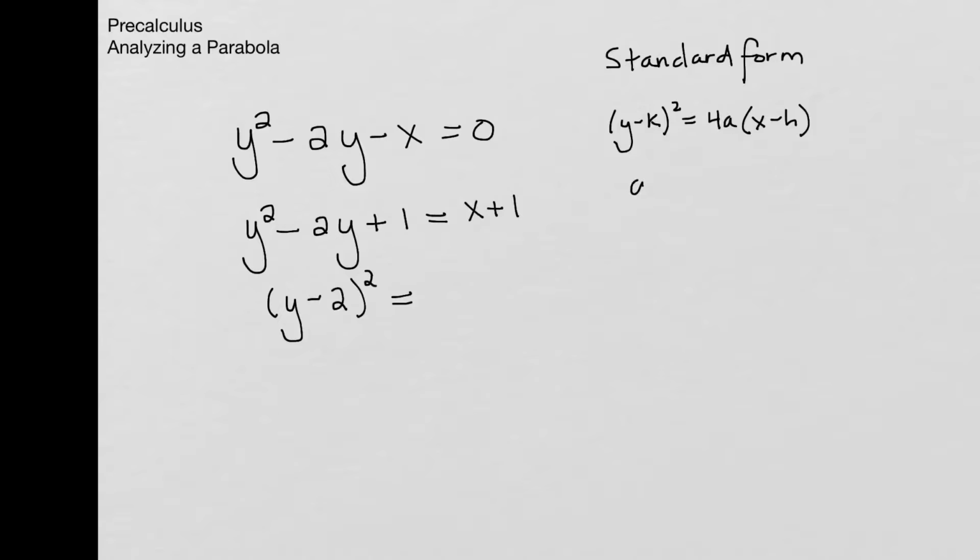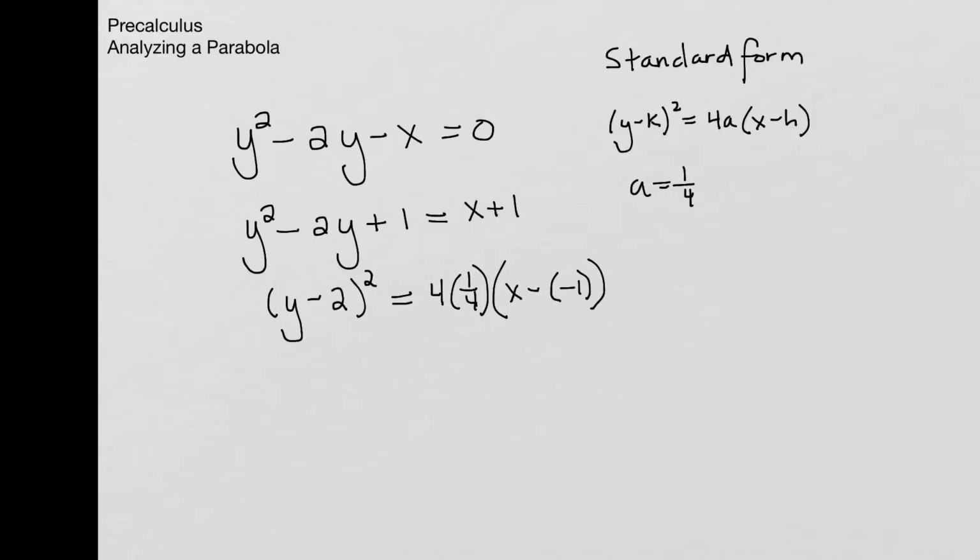So I'll say a equals 1/4. Then I have 4 times 1/4, and that's multiplied by x. Instead of writing plus 1, I'll write x minus a negative 1 to be strictly in standard form.